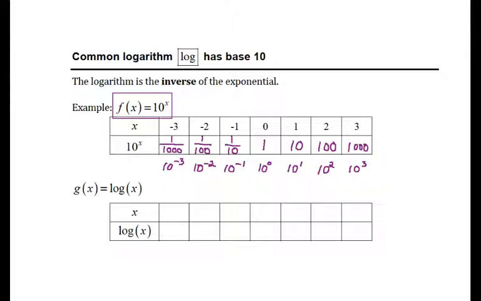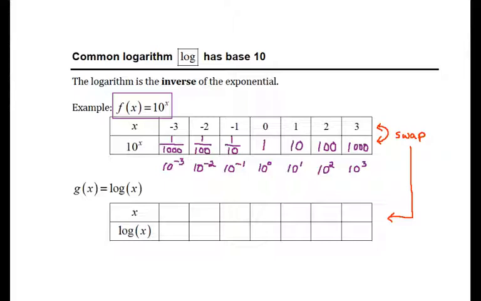Remember that we can find the inverse of a function by just swapping the input and output variables. So finding this inverse numerically is very quick. All we have to do is copy our numbers down, but in the other order.